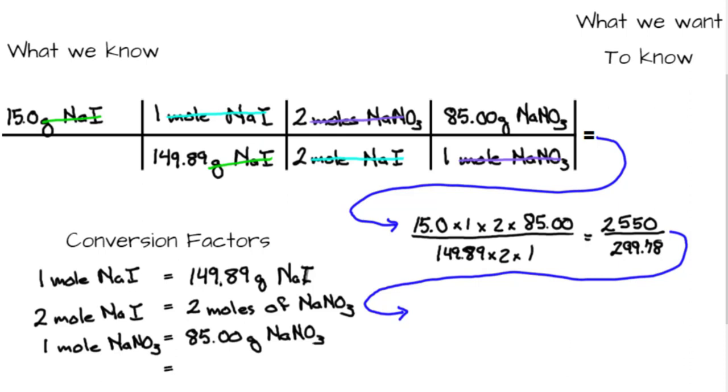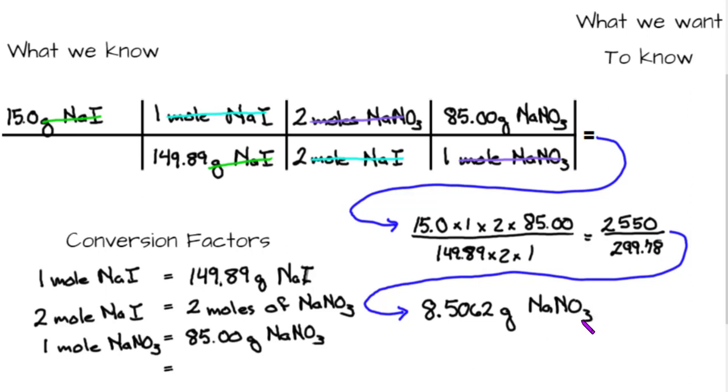So when I solve the top, I get 2550. When I solve the bottom, I get 299.78. When I simplify that a little bit further, I get 8.5062 grams of sodium nitrate.